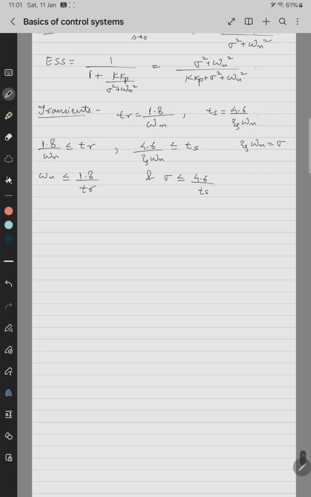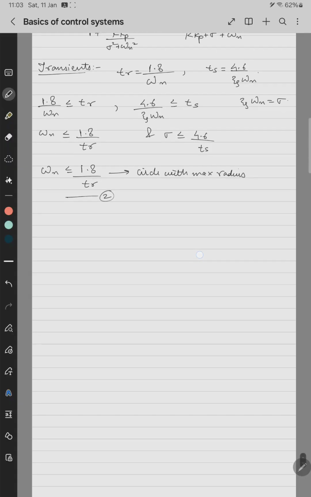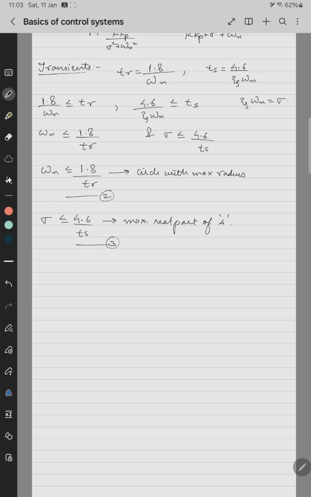This inequality on omega n represents a circle with a maximum radius. Let's say this is equation number 2. Then sigma bounded by 4.6 by Ts represents the maximum real part of the S term. This is equation number 3.